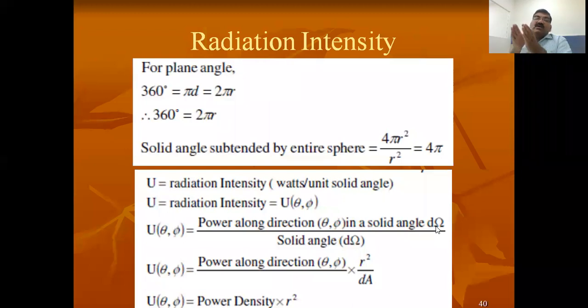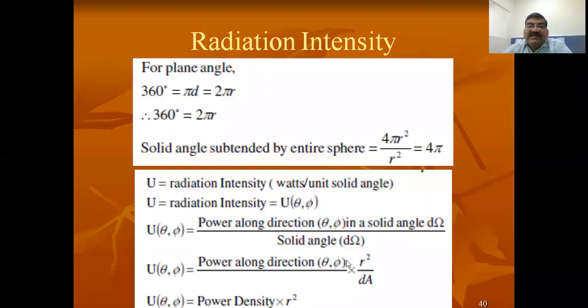That is the watermelon example I have given. In a particular angle, take the major lobe and its solid angle, and take the power along that direction upon the solid angle.